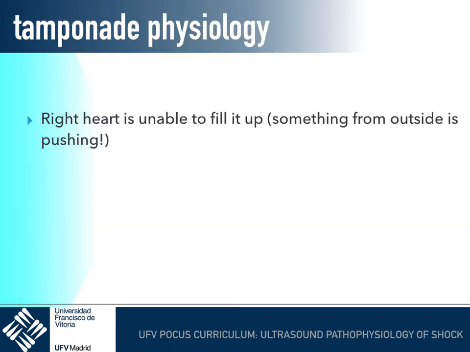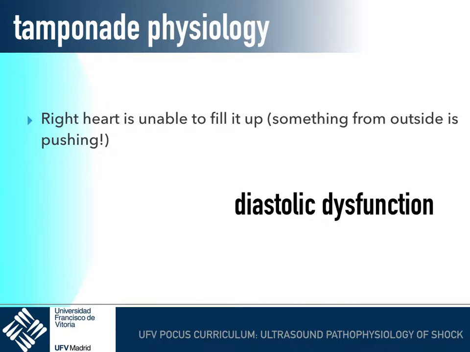So the right heart is unable to fill because something from outside, exactly the fluid, is pushing on the right side. So it's not a dysfunction in terms of systole. Etiologically, it's a diastolic dysfunction.